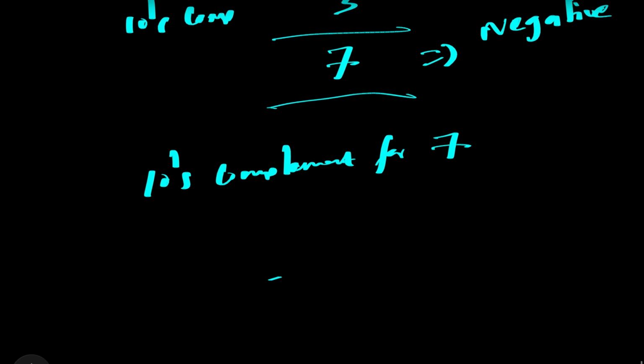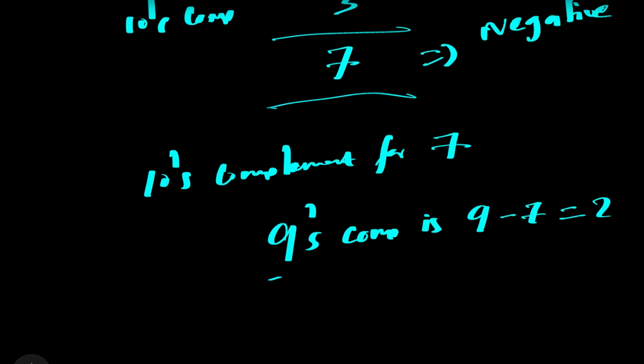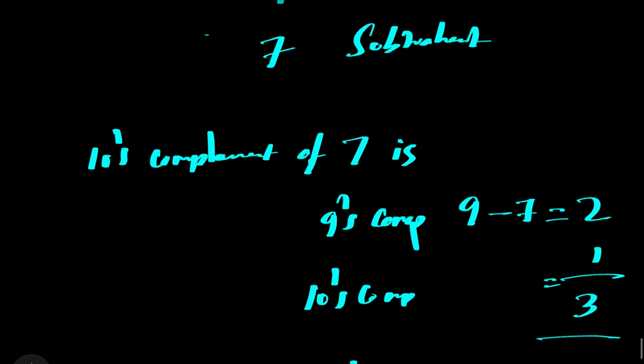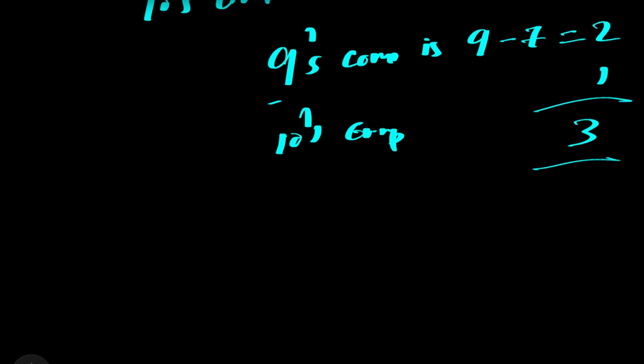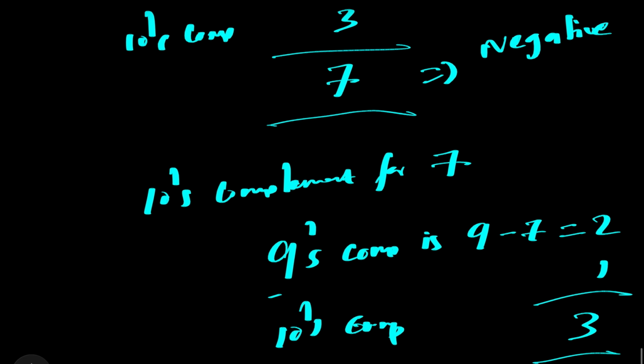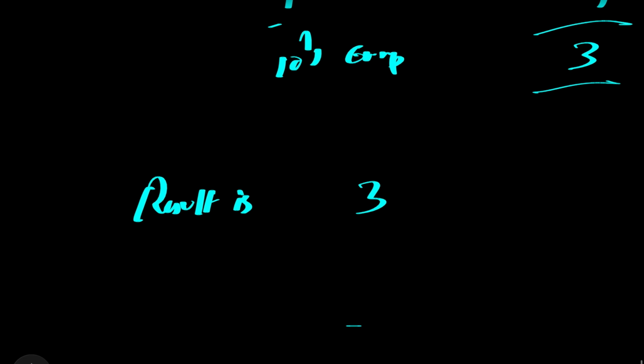So again, the 9's complement is 9 minus 7 is 2, and the 10's complement, adding just 1 over here, gives 3. So we got the result 3, and as we already know it's negative, the digital circuit will make this minus 3.